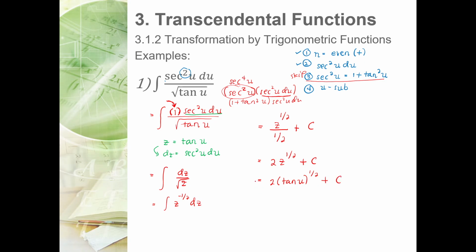This one is a possible answer, or you can also express this in its radical symbol. So that's 2 square root of tangent u plus c. So this one is also a possible answer.